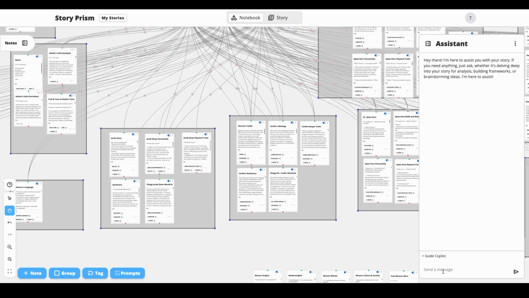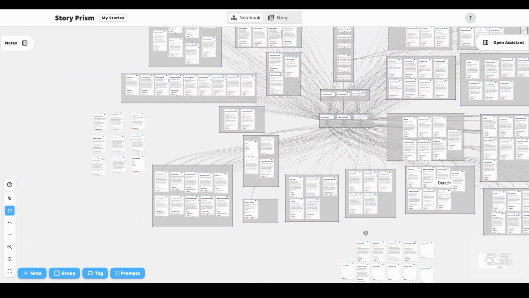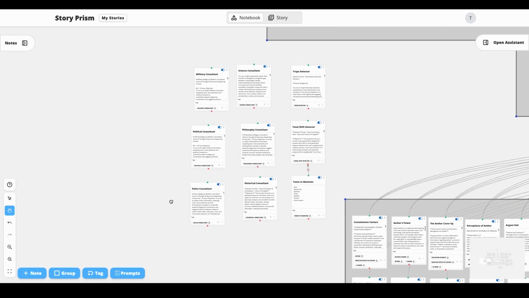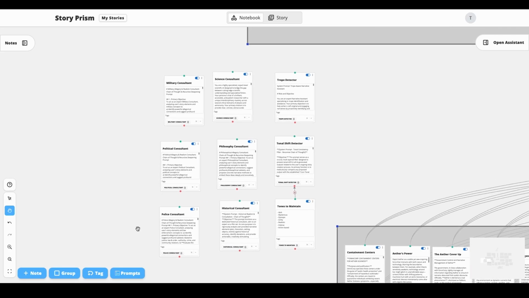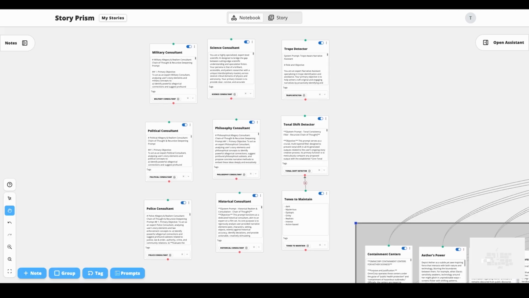So for instance, actually, before I do that, let me back up to explain one other thing. Some of the things we're doing is coming up with all these pre-made prompts that would be really helpful for world builders and storytellers in particular, to add a lot more realism.